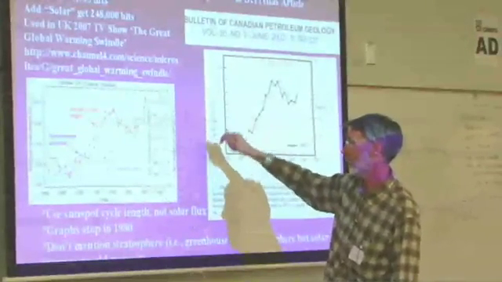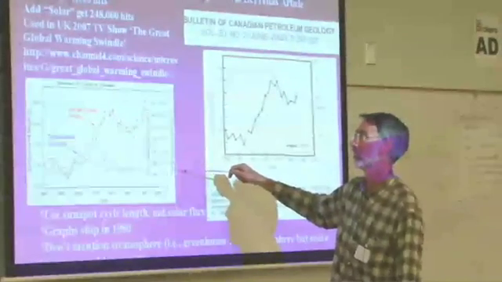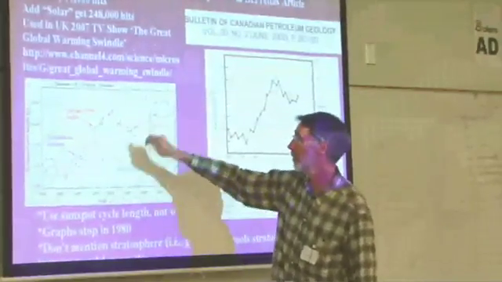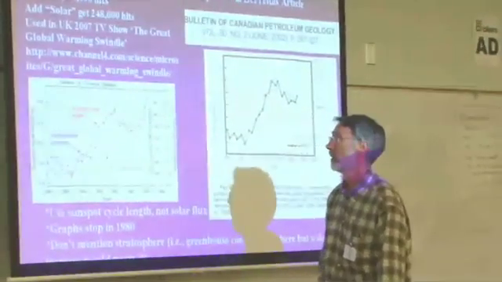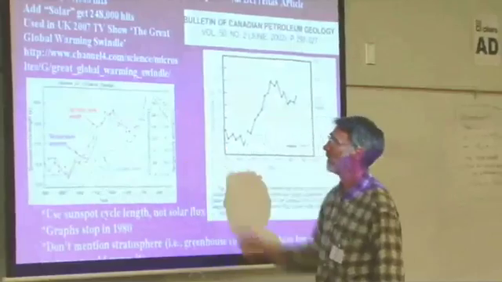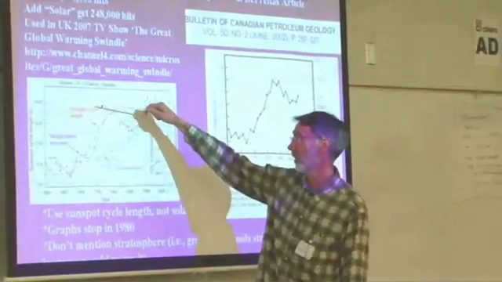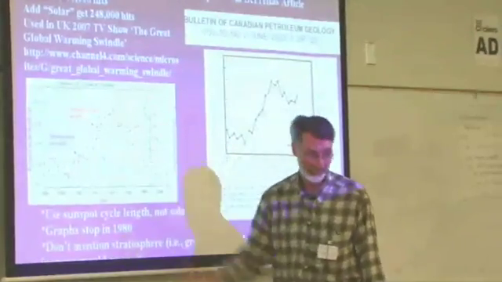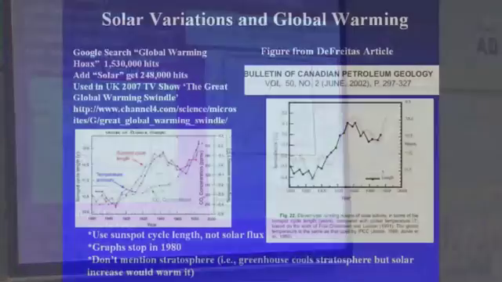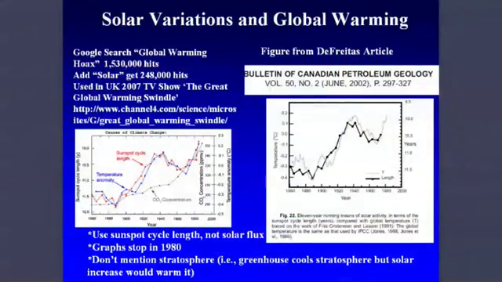On one axis they have temperature anomaly, which is how much the planet is warming. That's this blue line. They show the CO2 concentration, and then they have this thing called the sunspot cycle length. As you know, the sunspots on the sun have a 22-year cycle, but it's not exactly 22 years, and the length of the cycle varies through time. So they're using the length of that cycle.